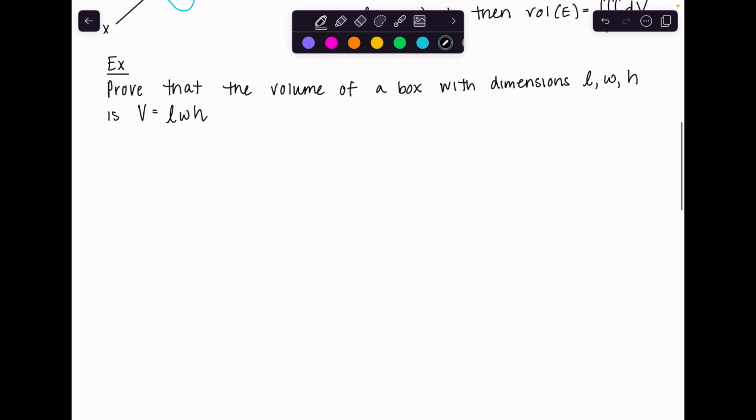So I'm going to start by drawing our box in 3 dimensions, and then we're going to set up our triple integral to find its volume. And again, technically you can do this with a double integral as well. But let's say in our x direction is that distance L, in the y direction is the distance of W, and then it makes the most sense for the height to be on the z axis.